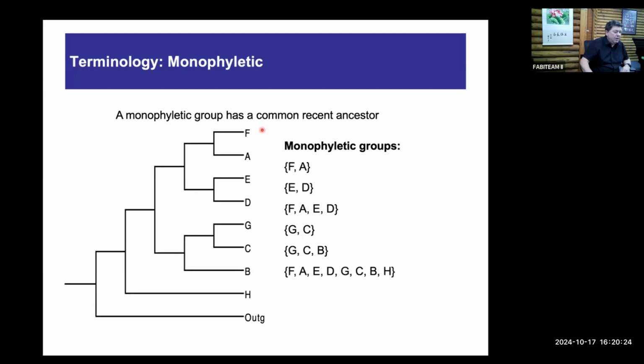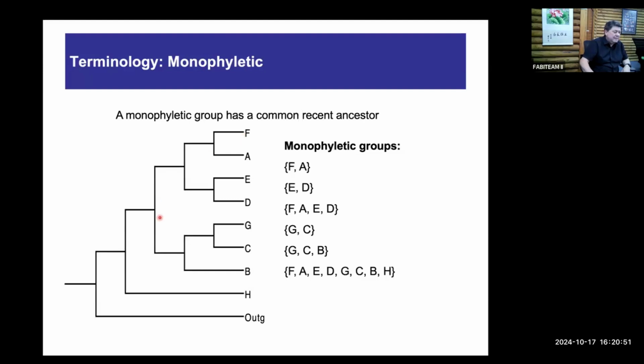But the same can be applied to F, A, E, D. They share a common ancestor at this node. Therefore, together they can form a monophyletic group. So it's important to make it clear what you are referring to, because at this node, all of these taxa are monophyletic. They belong to a monophyletic group.